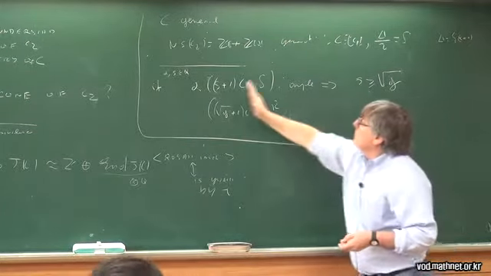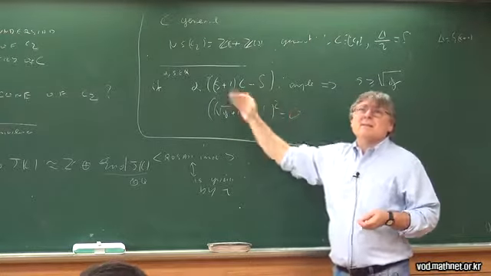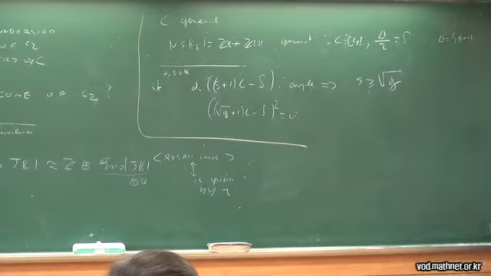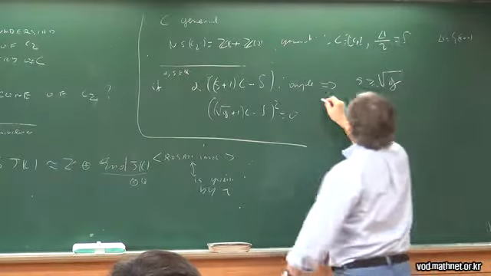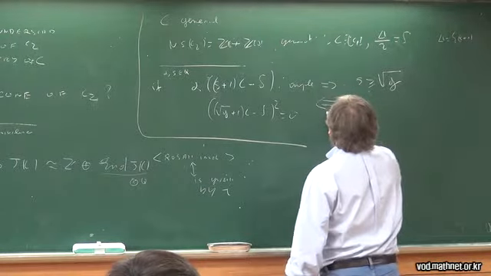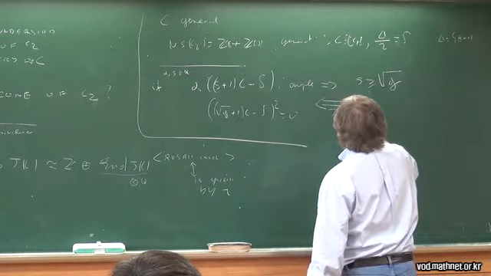And if you take something less than this, this is less than 0. And the converse is the Kouvidakis conjecture.